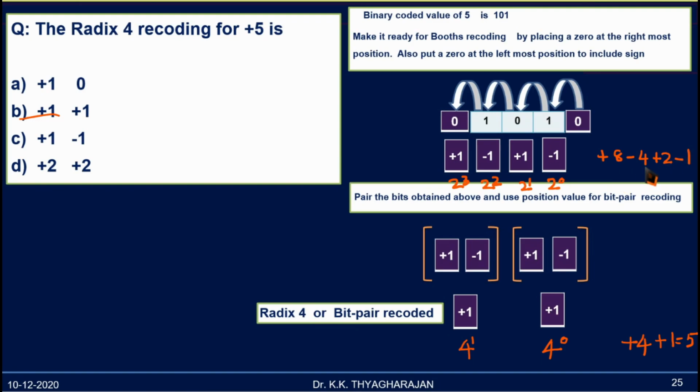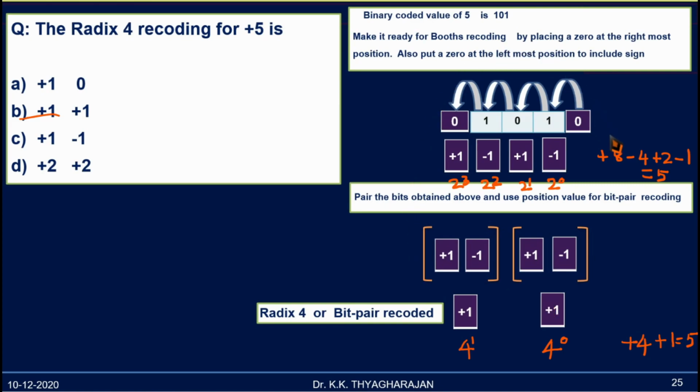So 8 minus 4 is 4, plus 2 is 6, minus 1 is equal to 5. So this Booth's recoded value is representing 5 and this bit pair recoded value is also representing 5. So without using the recoding table, we have computed the recoded values like this. This is the basic idea behind the table created, as I already explained. So this example shows how to use the basic idea of bit pair recoding.